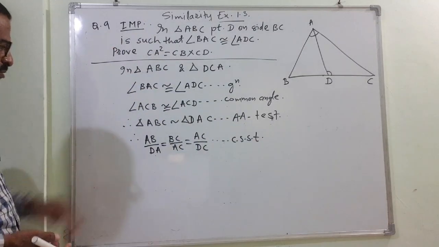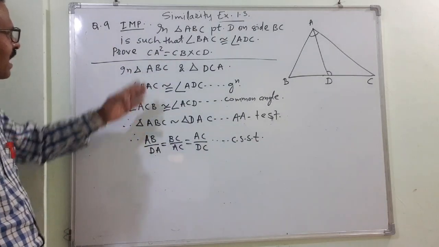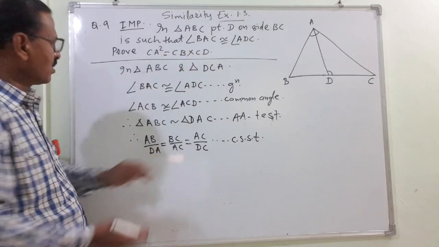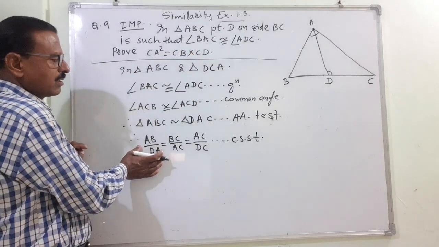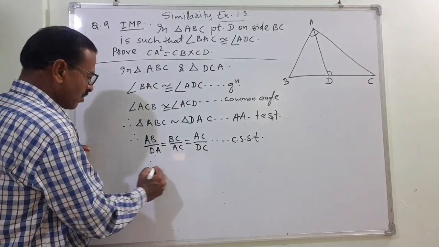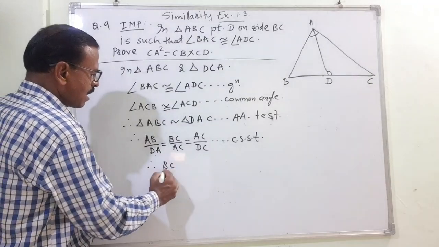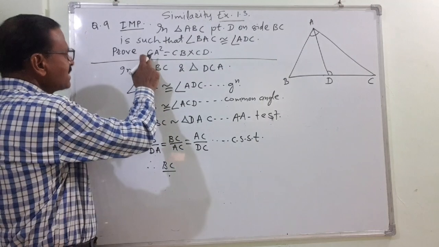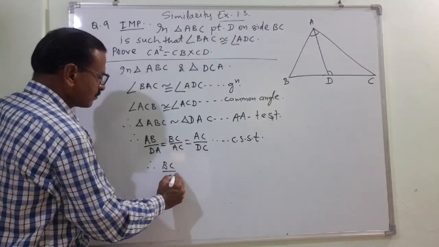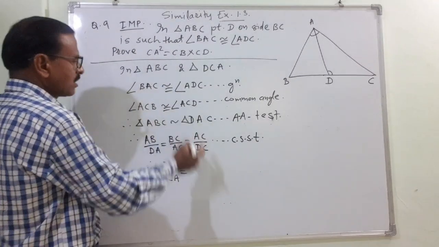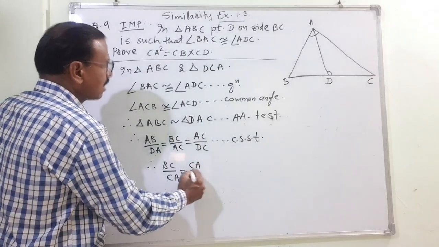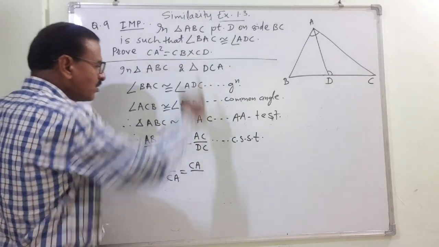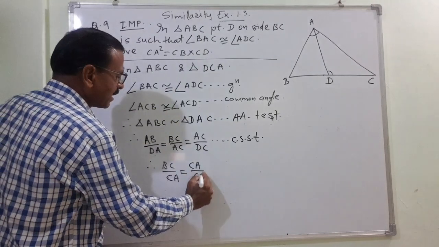Out of this, what I want, whether I want AB and DA, I will see. ABD I don't want, so I won't write this. I will write this much part. Therefore, BC upon AC. Now they have written CA, so I will write CA is equal to this also CA upon, whether is it BC? No, they have written CD.